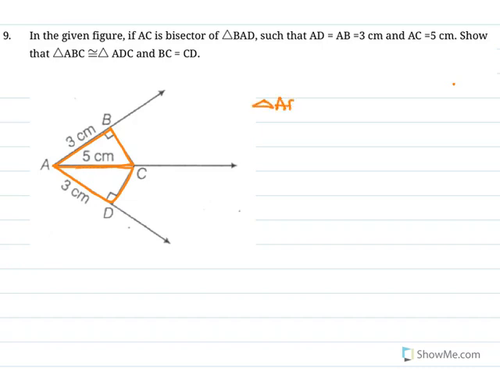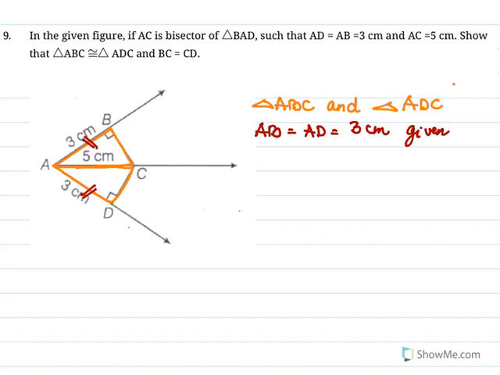First we have AB equal to AD, 3 centimeters, that is given. And then you could also write AC equal to AC, common.